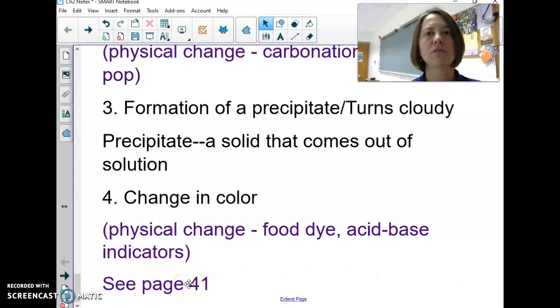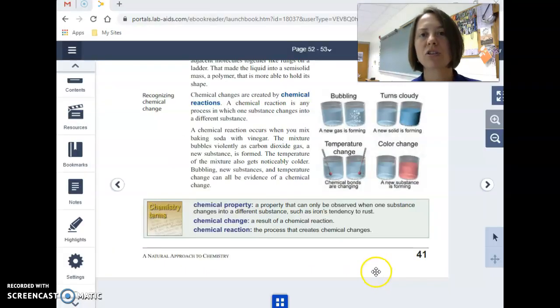So let's take a look at page 41. There's a nice picture of our four indicators of a chemical reaction. If it's bubbling and a new gas was formed, if it turns cloudy and a precipitate was formed, if there is a temperature change, often that is a chemical reaction, or if there's a color change, often that is a chemical reaction.